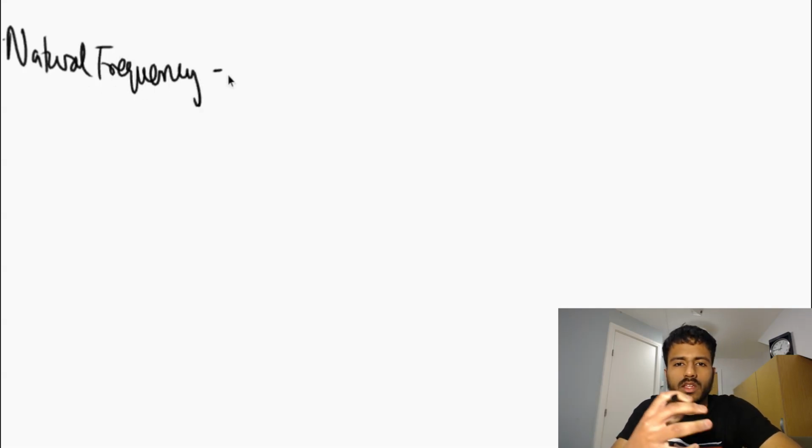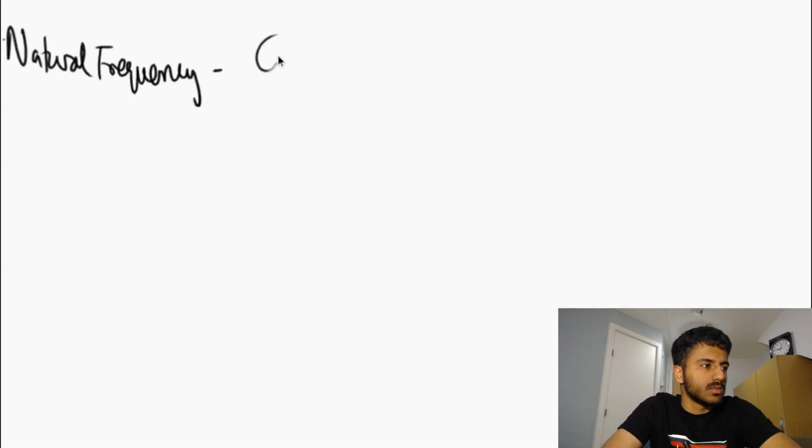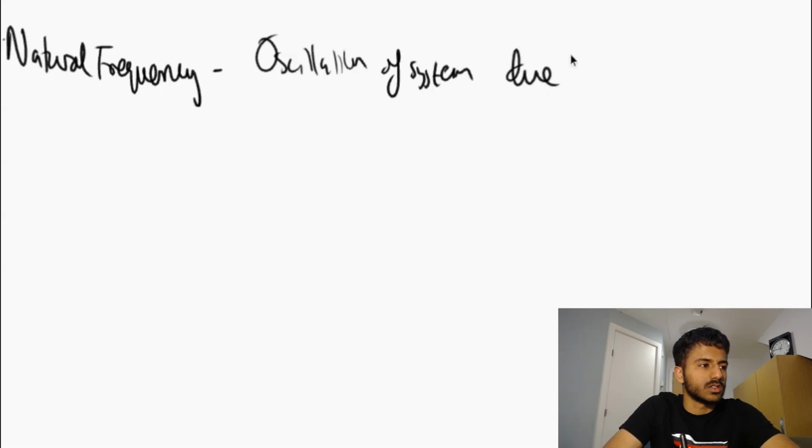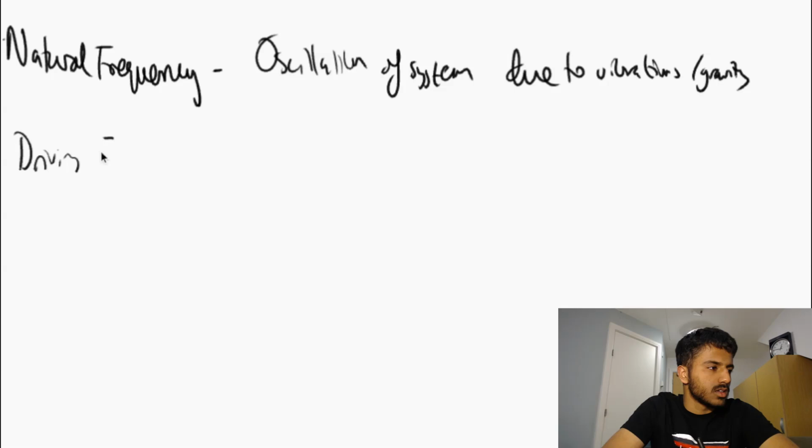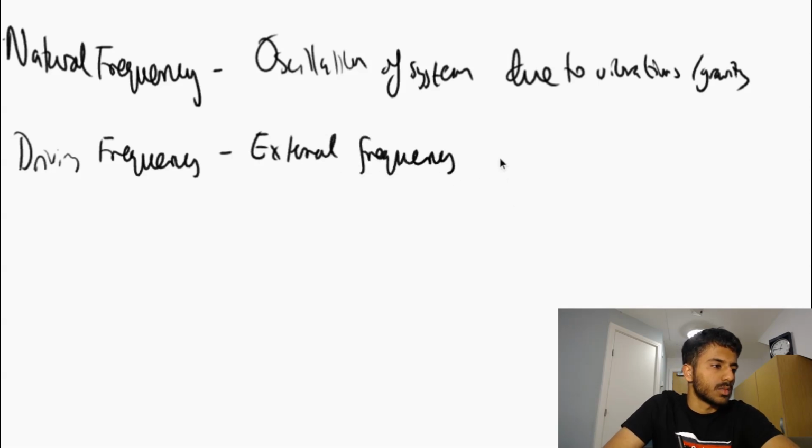this. Before we do that, I'm going to quickly go and discuss two types of frequencies. The first is a natural frequency, and that is simply the oscillation of a system or particles due to vibrations or gravity, etc. And then you have a driving frequency, which is an external frequency provided artificially.